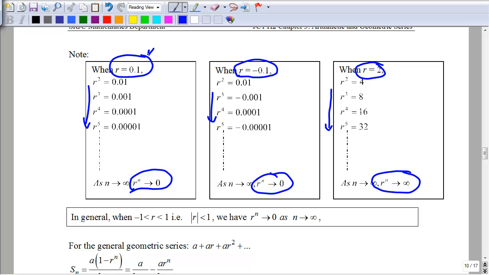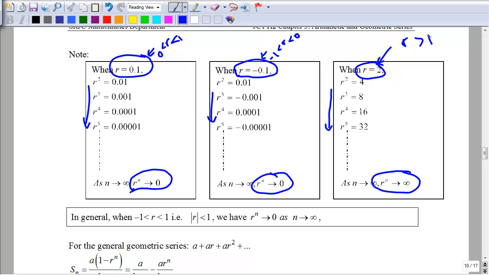Let me say it again. In the first case, the value of r is bigger than 0, less than 1. For the second case, the value of r is less than 0, bigger than negative 1. For the third case, r is bigger than 1.